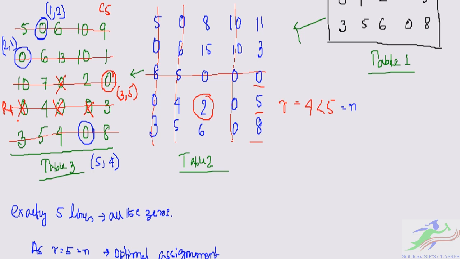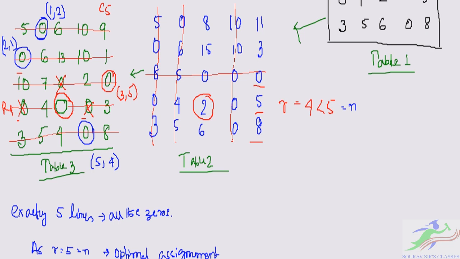In this particular row we have only 1 zero left, because the others are all cancelled out due to the presence of the zero in this column and the zero in this column. So here we have this zero over here, and we will encircle it.